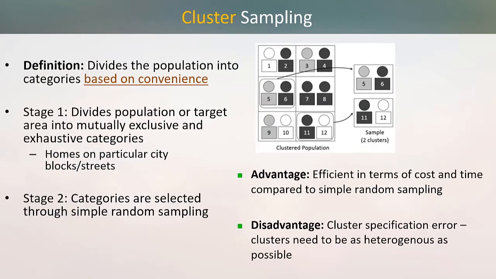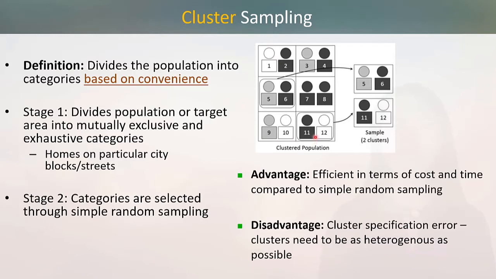Based on convenience, cluster sampling is used. It is often used in neighborhood analysis. We randomly select a geographic area and conduct a random sample of the objects in that area. To carry out this sampling method, a critical assumption is that heterogeneous subgroups or areas are microcosms of the larger population.